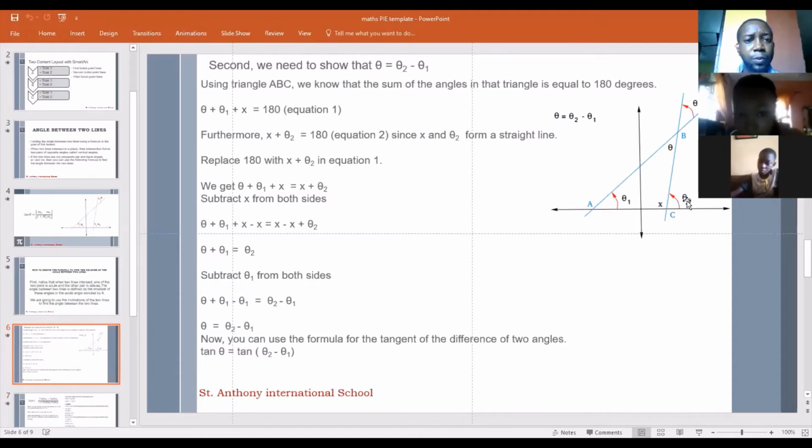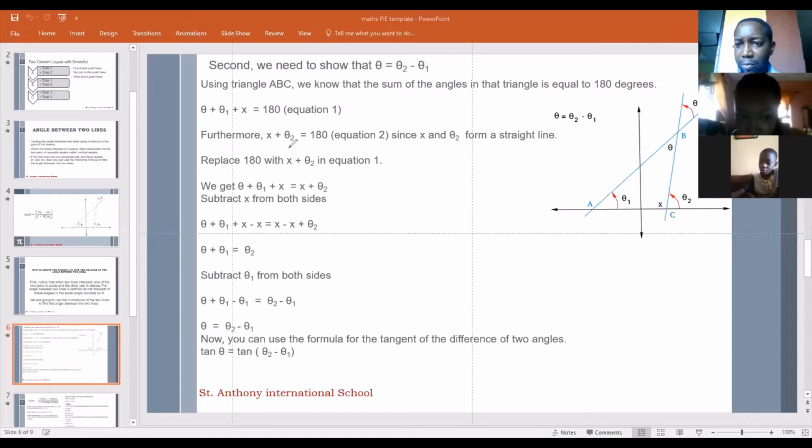Now, I will now replace 180 with x plus theta 2 in equation 1. So watch what I'm going to be doing. I'm going to be bringing up another slide, a whiteboard.